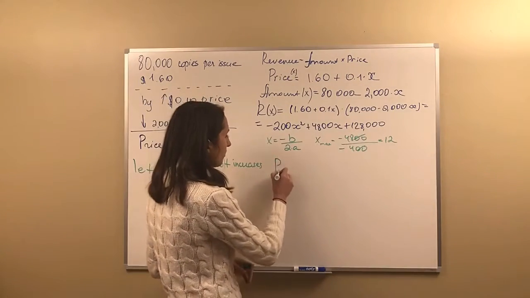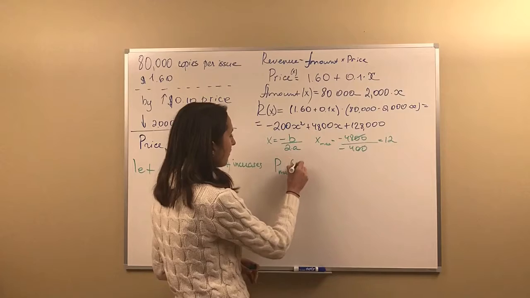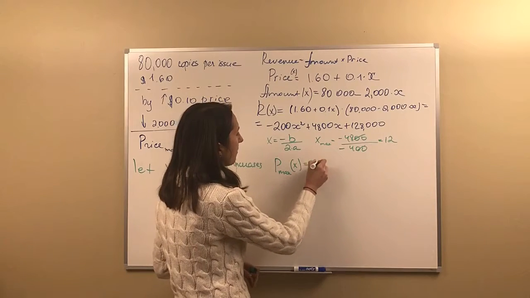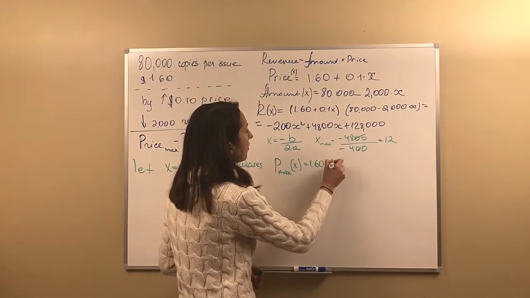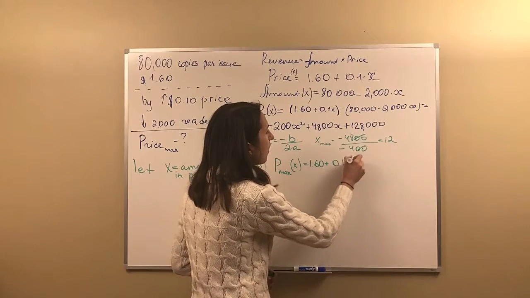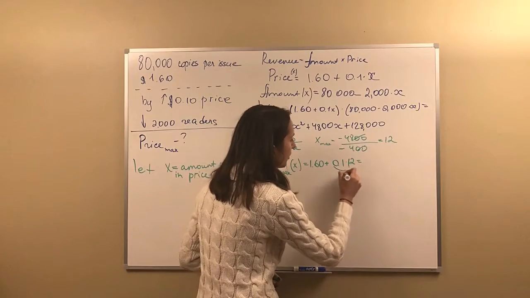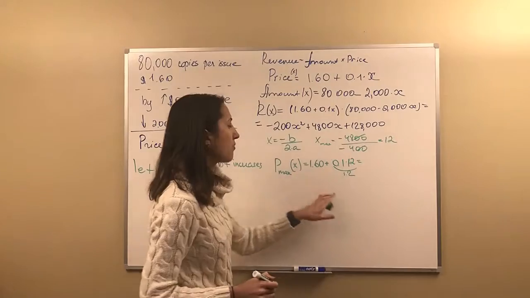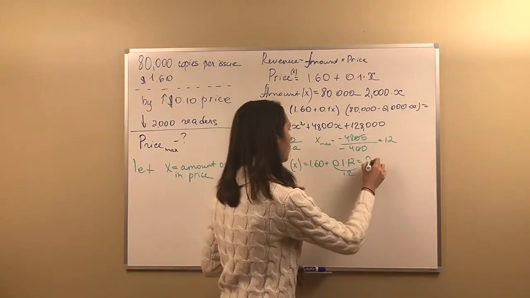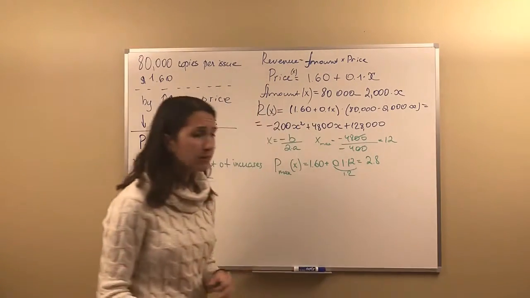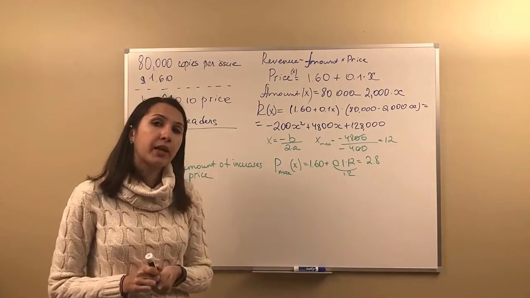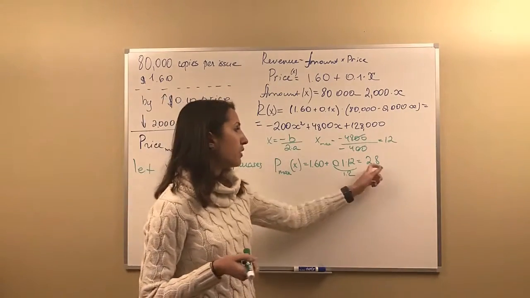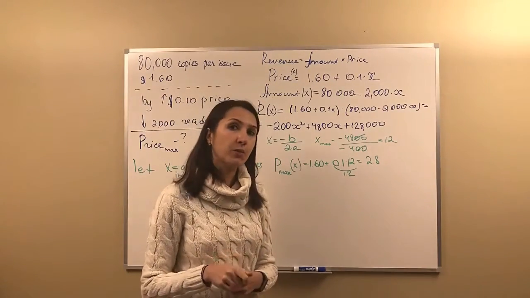So P max of X will be equal to 1.60 plus 0.1 times 12. So that's 1.2, and 1.6 plus 1.2 is 2.8. So the maximum price a publisher can use in order to maximize the revenue will be $2.80 per issue.